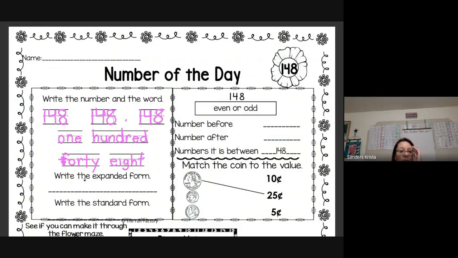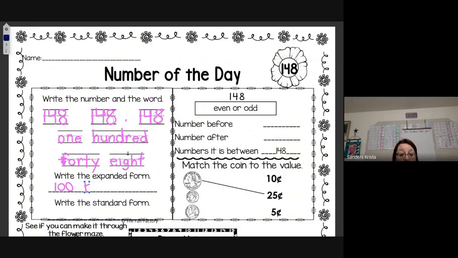All right, 148. To do expanded form for 148, we have to listen to the sounds that we hear in 148. We hear 100 in 148, so we will write 100 plus. 148.